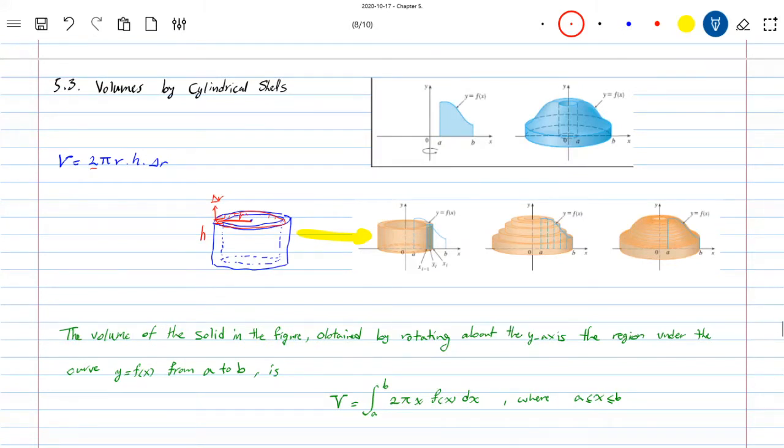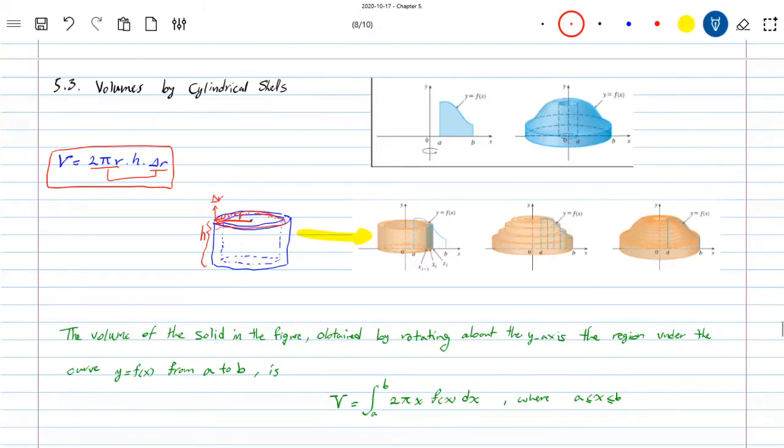The circumference of a circle is 2 pi r. The thickness is delta r. So this product is an approximation of the area on top. If you multiply it by the height, what you get is the volume of this cylinder shape. So this volume is 2 pi r h delta r.